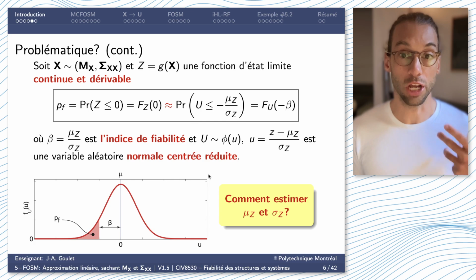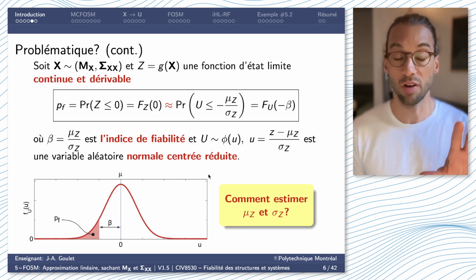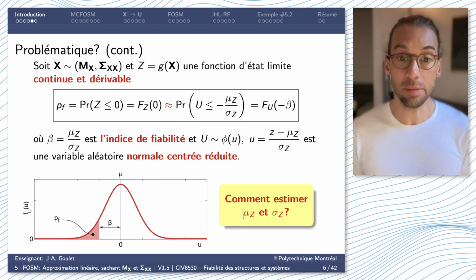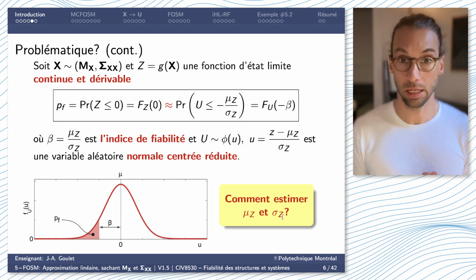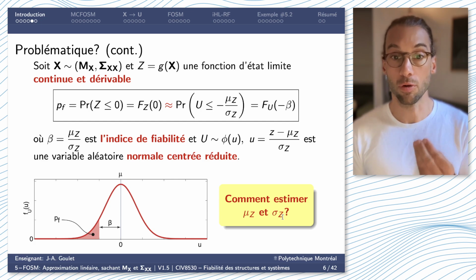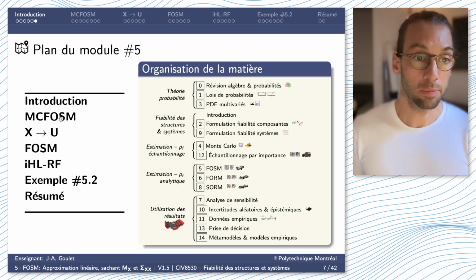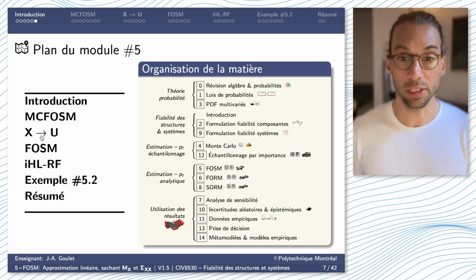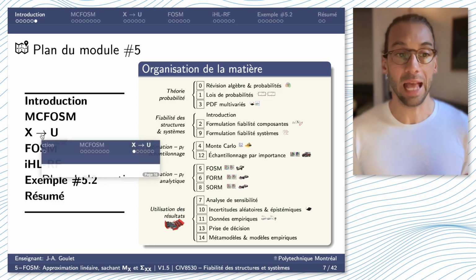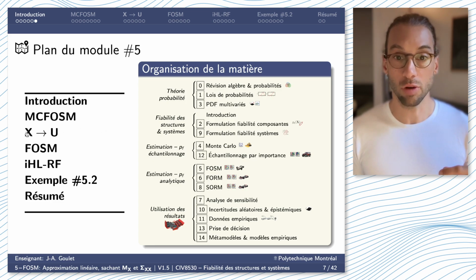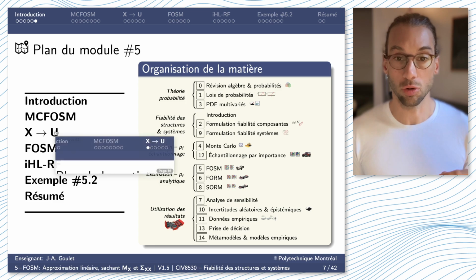So the question we're going to answer with the methods we're going to see in Module 5, MCFOSM and FOSM, is how can we estimate both mu z and sigma z using first order approximation. We're going to see MCFOSM first, then we're going to look back at how, in a general case, we can transform a multivariate Gaussian random vector into its standard normal space.